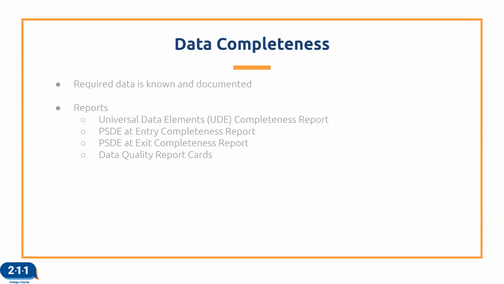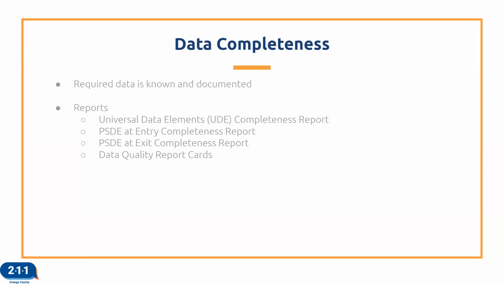This is similar data to what we're posting on our data quality report cards and includes the demographic information collected on the client profile screen, as well as a few fields from the enrollment screen, like relationship to head of household, the prior living situation questions, and also the client's destination.